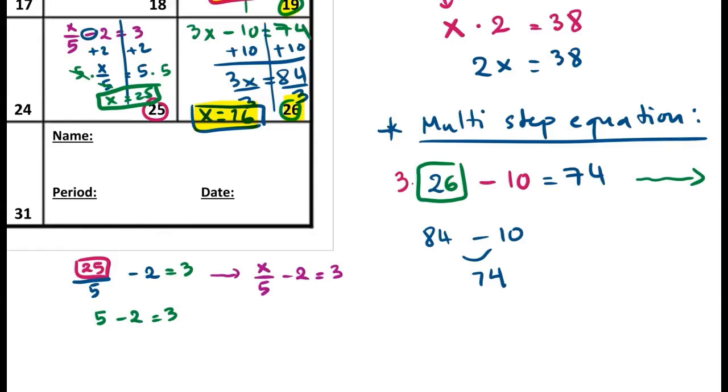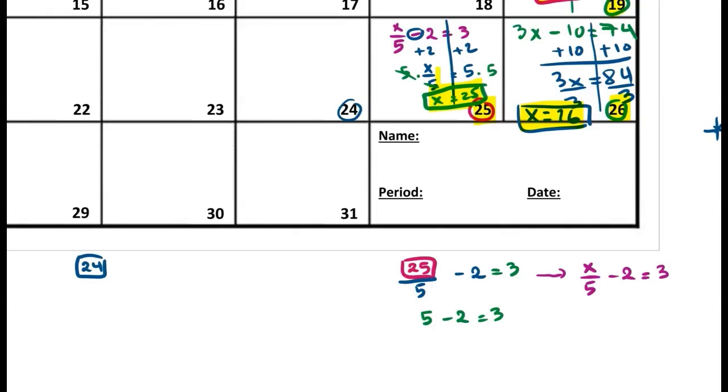Alright, I will give you one more example. Let's say I pick 24. Alright, 24. Box it. What do you want to do with this?